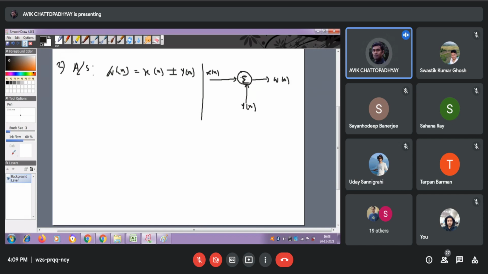That means corresponding samples will be added or subtracted. Again, the word corresponding is very important. The corresponding samples are added. That means x[0] will only be added with y[0], or y[0] will be subtracted from x[0]. It is not that y[0] will be subtracted from x[1]. No. Then the statement that corresponding samples are added or subtracted will not be true.